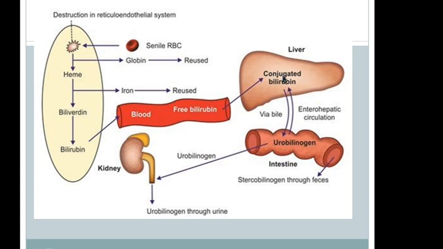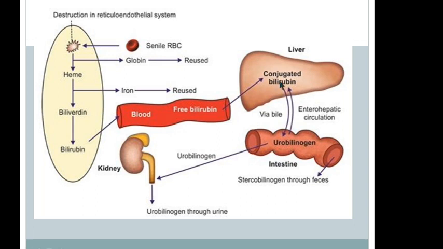And this conjugated bilirubin via bile enters into the intestine. 50% of conjugated bilirubin enters into the intestine, and 50% goes back into the liver through the enterohepatic circulation. And this conjugated bilirubin is converted into urobilinogen.